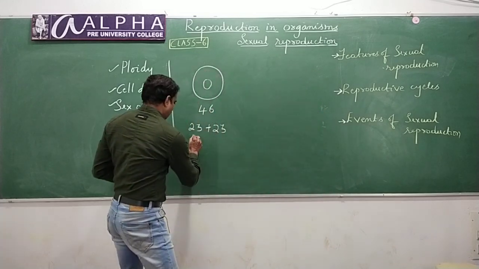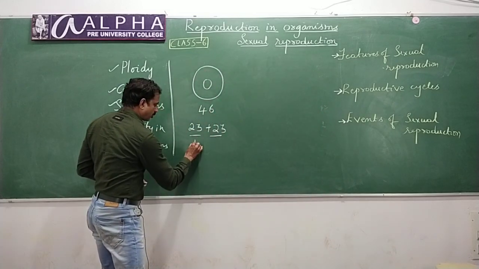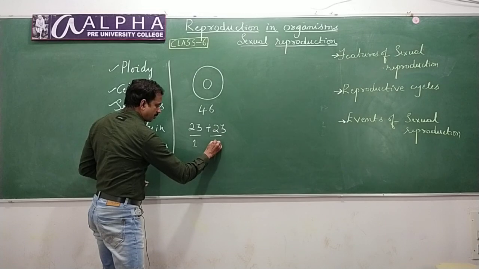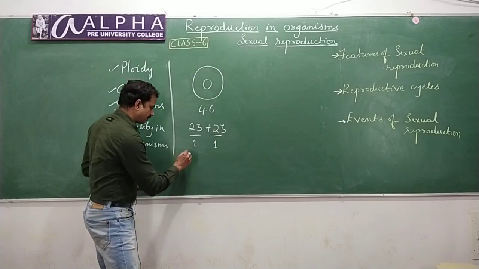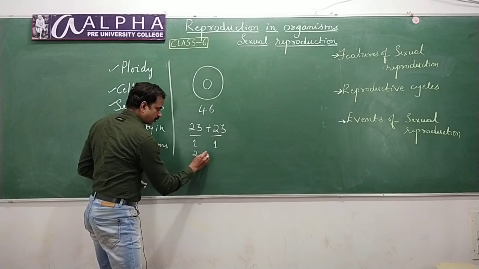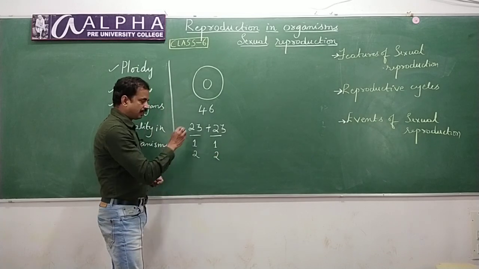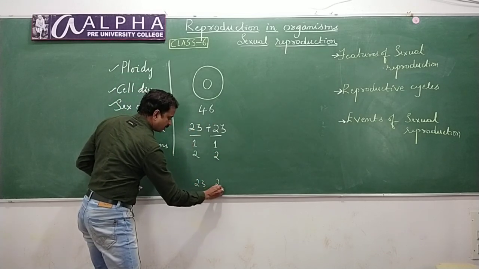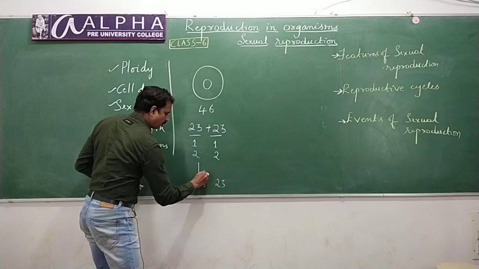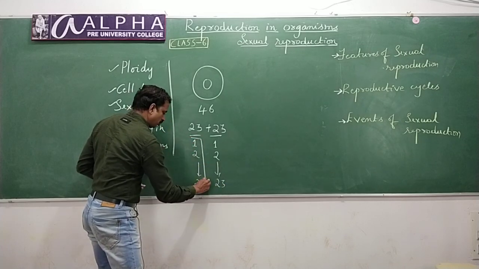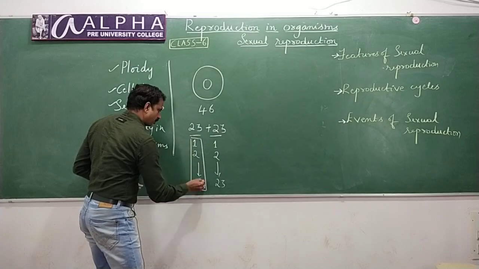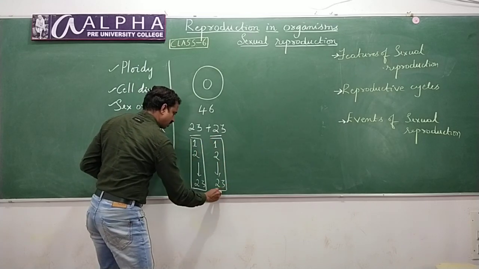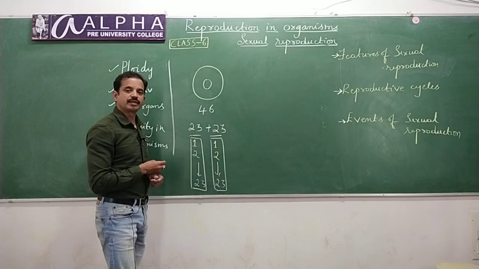And I have told you this already. Let me write it like this. If it is chromosome number 1, chromosome number 1 is present twice. Chromosome number 2, it is present twice. In the same way, all the 23 chromosomes are present twice. Okay? So, this is one set of chromosomes, and this is another set of chromosomes, right?